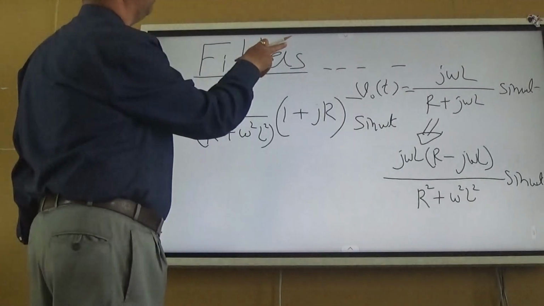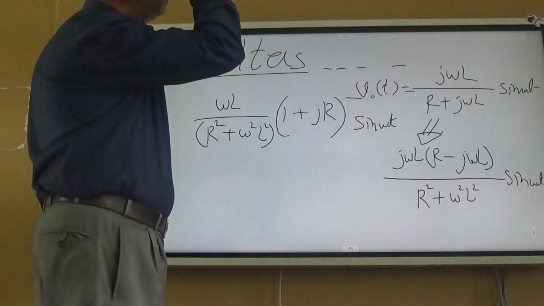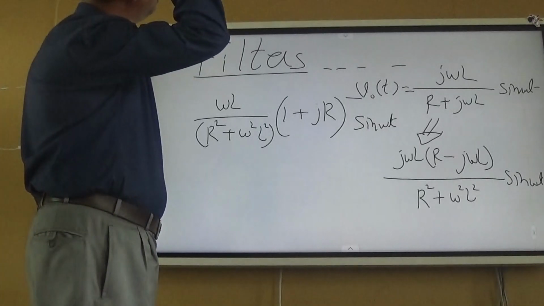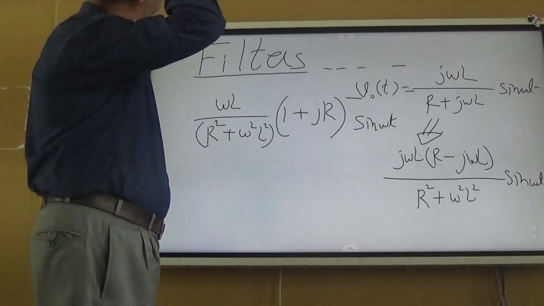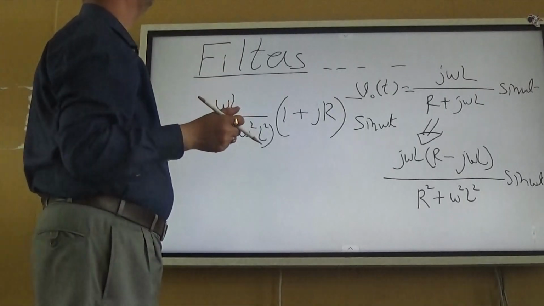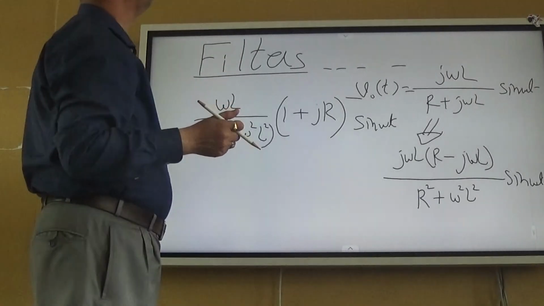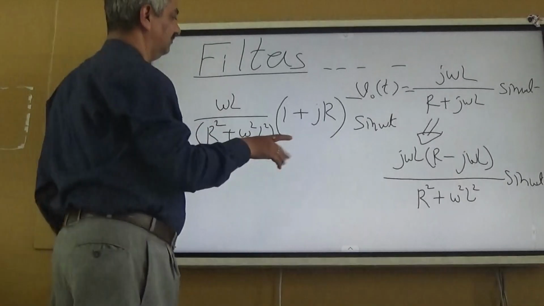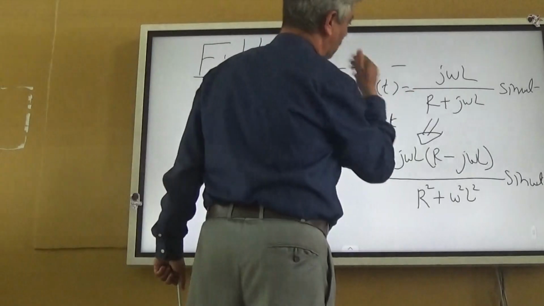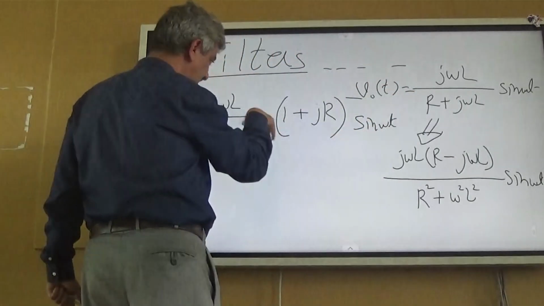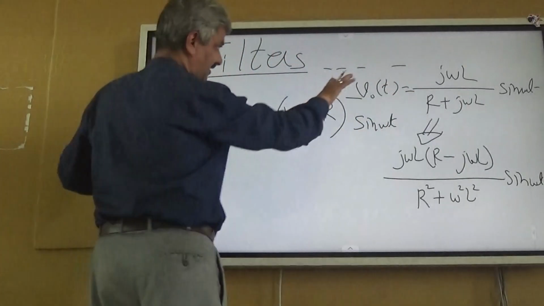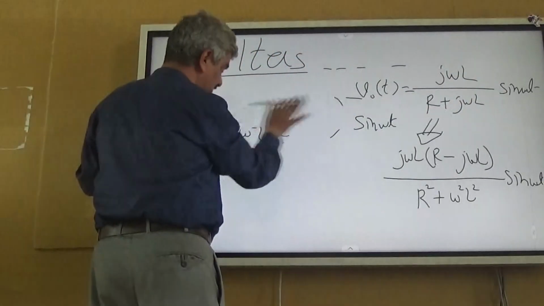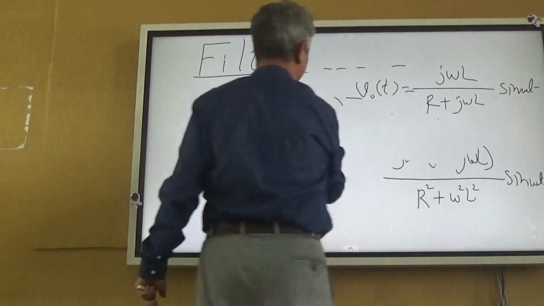J omega L upon R plus j omega L, multiplying by this way, or anyway somewhere some mistake might have been there. To make it very comparable with the previous one, there is nothing wrong, but here we make a small change.